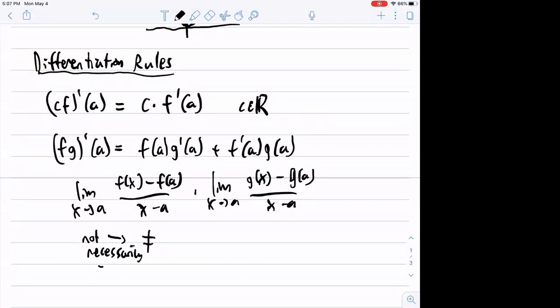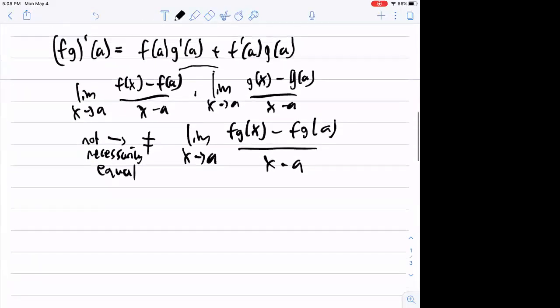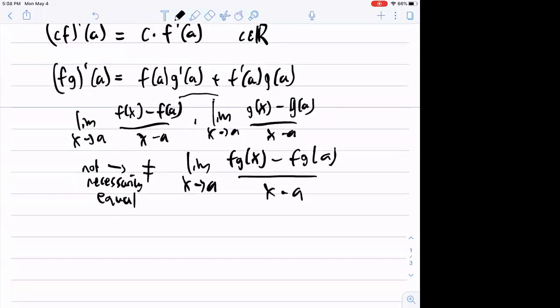So this means not necessarily equal to this, right? It doesn't really factor like you normally think it does, right? So sorry, at a, right? Because if you think of the FOIL rule, when you multiply two things, here, if you multiply it, you get 4 terms, right? But here you get like 2. So you see it's not really the right thing to do. So I'm saying it's not equal to f prime a times g prime a, right?